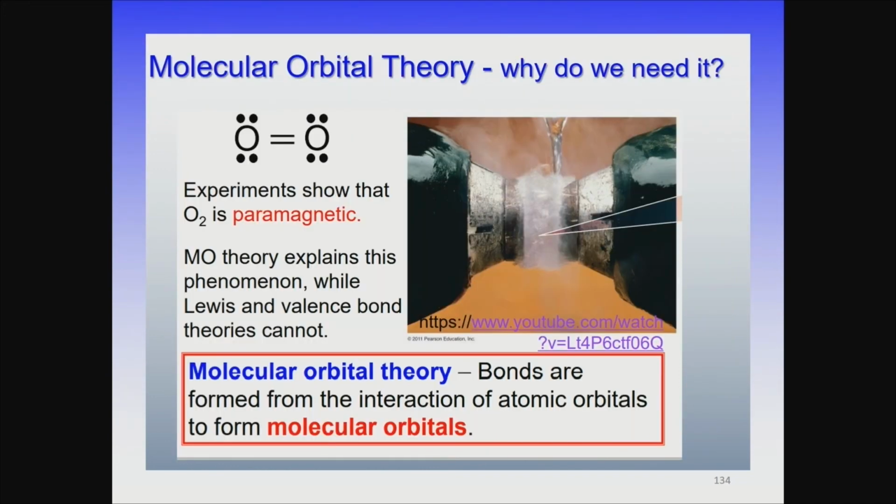Okay, so there's one more thing I want to point out. Remember, at the beginning when we were talking about molecular orbital theory, we were trying to come up with a new theory in part to explain some strange behavior of the oxygen molecule.